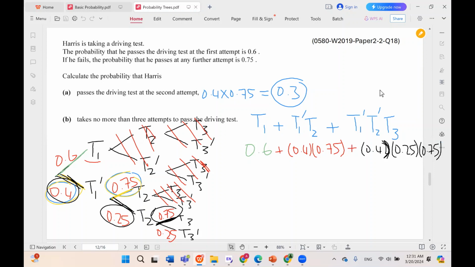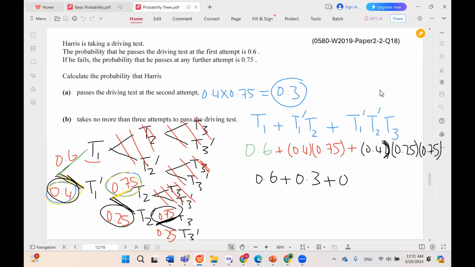So we have 0.6 and then 0.3 and then 0.4 times 0.25 times 0.75.